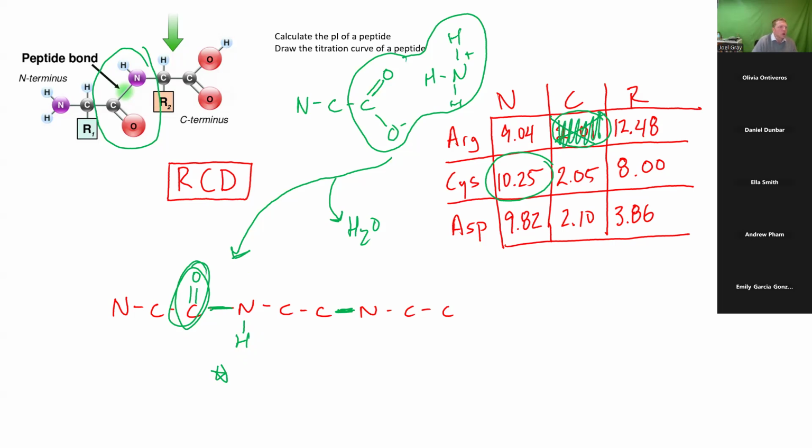That is also why we get rid of the 10.25. Because this peptide bond, this whole thing right here, is not ionizable. That group will weather major pH changes. Can you give me a 1 in the chat if you say, okay, I understand why we drop the 2.01 and the 10.25?